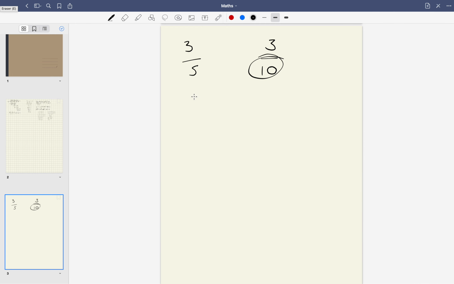Once again, these are just small little mistakes that people don't make too often, but it's important to cover it because it is on the specification. So obviously that is greater than that. And additionally, 30/50 is the same as 3/5. Okay, that's important to look at.